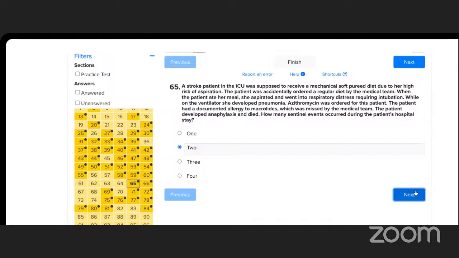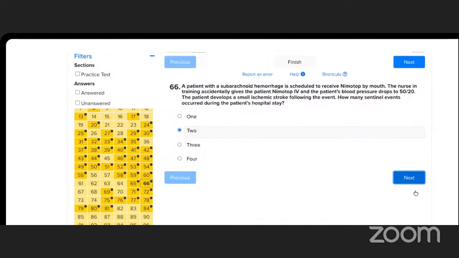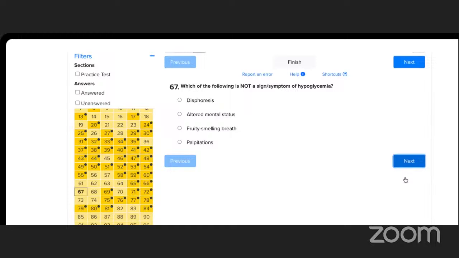All right, so I'm skipping 65 and 66. 67: Which of the following is not a sign of hypoglycemia? The way you study for these types of questions is, if the question says which of the following is not, you need to know which ones are signs of hypoglycemia. Diaphoresis is a sign of hypoglycemia. Altered mental status is a sign.